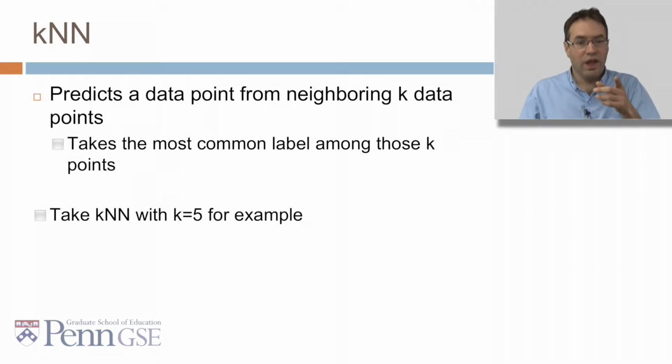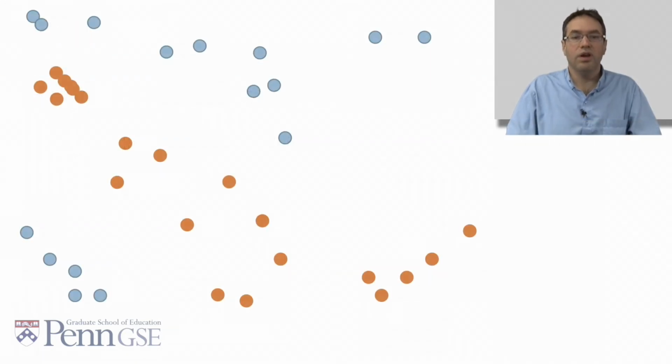Another algorithm is KNN, K nearest neighbor. This predicts a data point from the neighboring K data points, and it takes the most common label among those K points. So take KNN with K equals 5, for example. Here we see a group of data points. Some of them are blue, meaning one group, and some of them are orange, meaning another group. We get a new data point, and we want to know, should we predict that it's blue or orange?